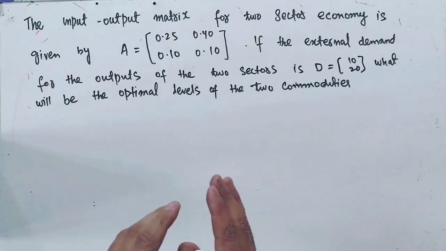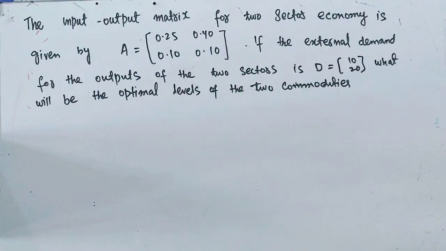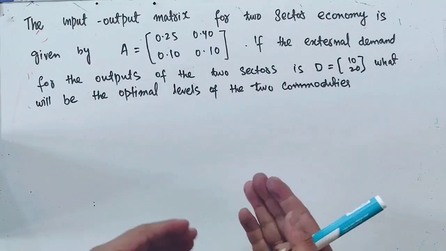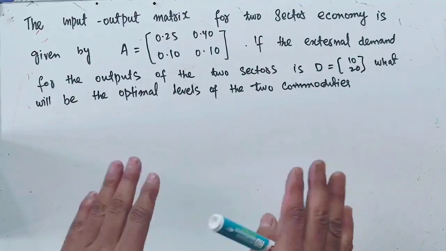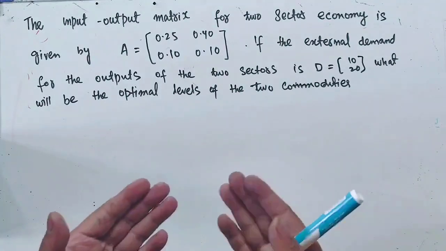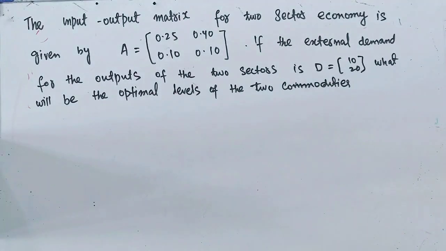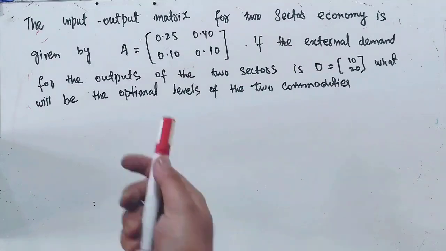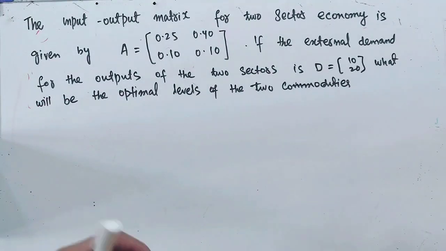Okay, I will not go into the explanation of what is meant by the input-output model. Here I will only solve the question. For that I will make a separate video on what is meant by the input-output model and the terms that we use.